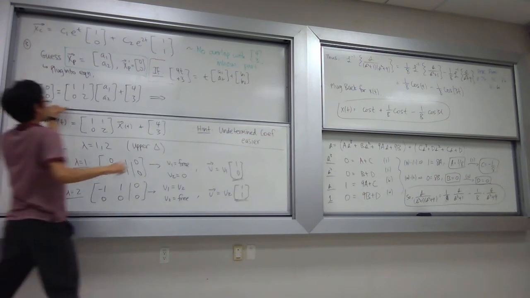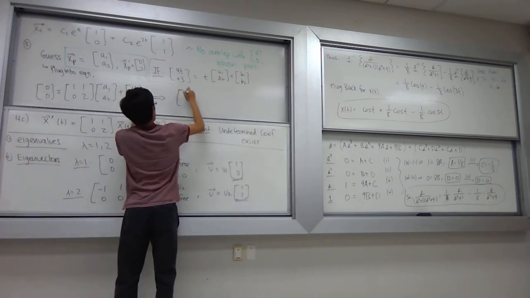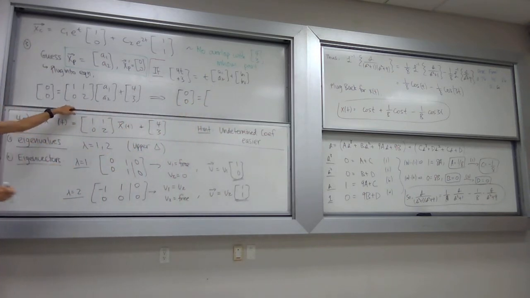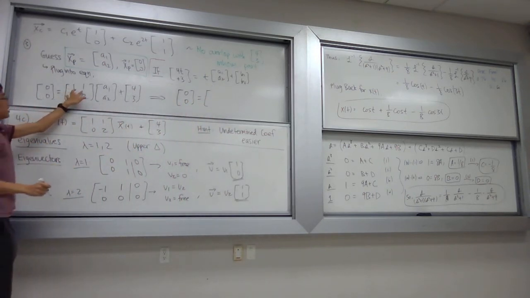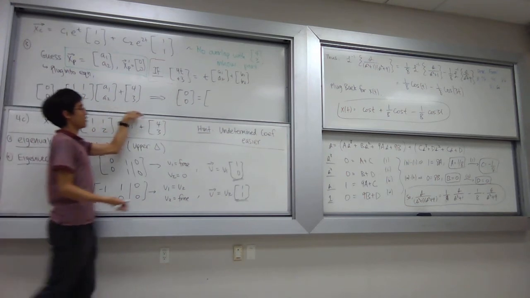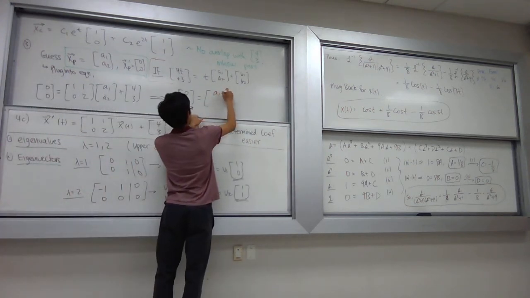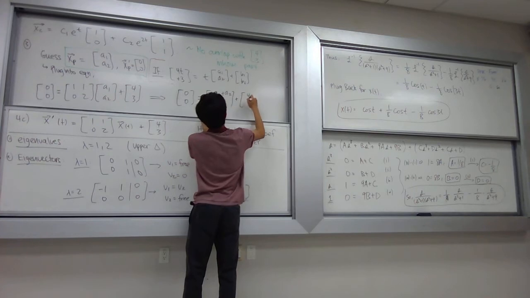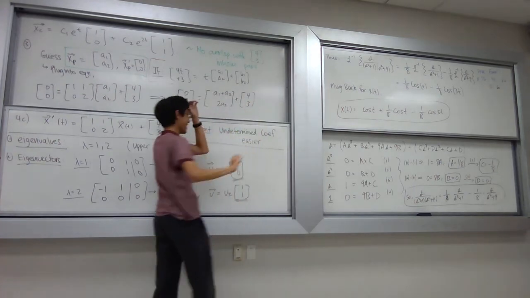So what results? Right, left-hand side is still 0, 0. What's that matrix vector product? A1 plus A2, 0 plus 2A2. Okay. So A1 plus A2, first entry, 2A2, second entry, and then plus 4, 3. Sorry.